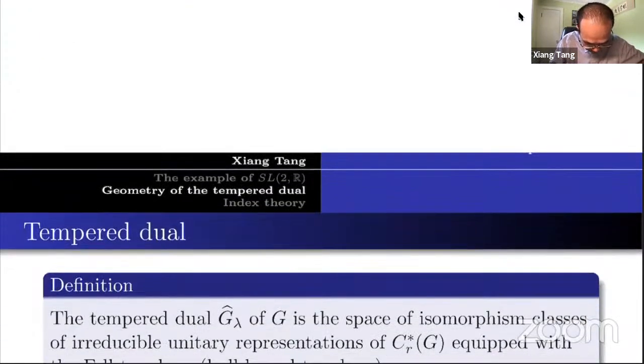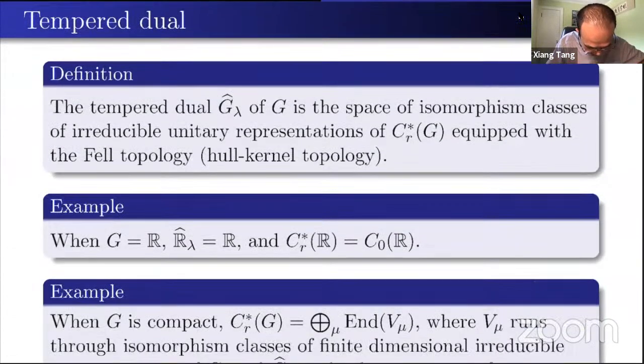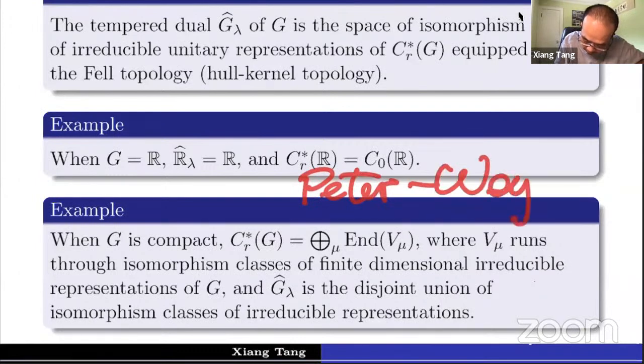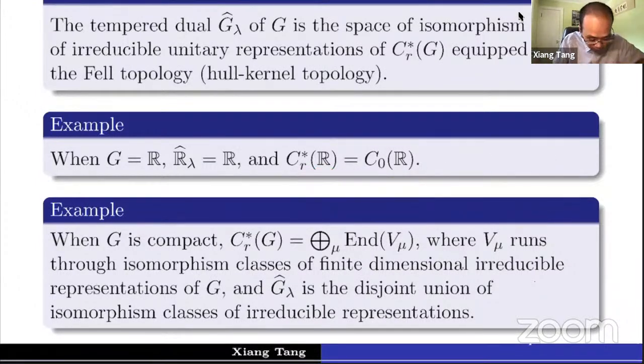Now the next piece is the compact group. In the case of compact groups, this is down to the so-called Peter-Weyl theorem. It tells us for compact group, we have only finite dimensional representations. Actually, they are all unitary. So we can decompose this algebra into just this kind of direct sum, infinite sum of matrices. So it's an infinite sum, but every component is just a finite dimensional matrix.